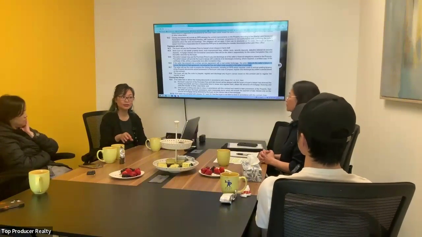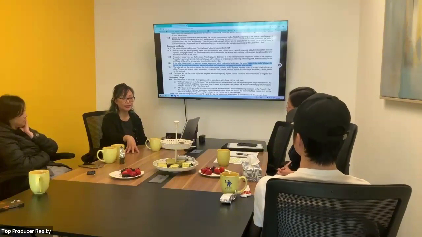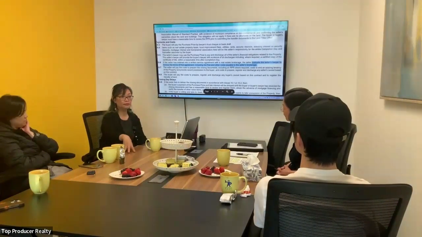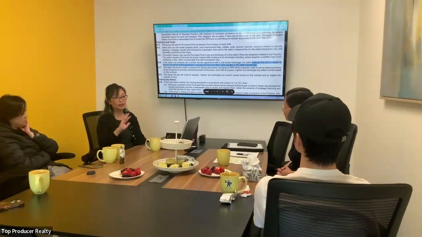Understand? When you sign buyer representation, in that column you put down that you will get 3.5 and 1.5. But what happens if the seller's side didn't give you that? Based on that contract, you can ask your buyer to pay you. 99% they won't be happy.